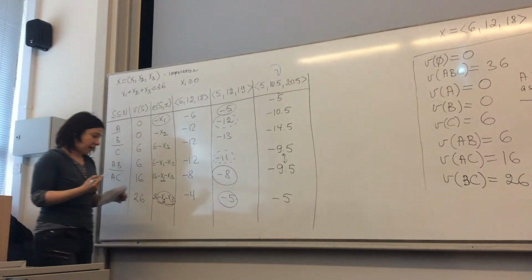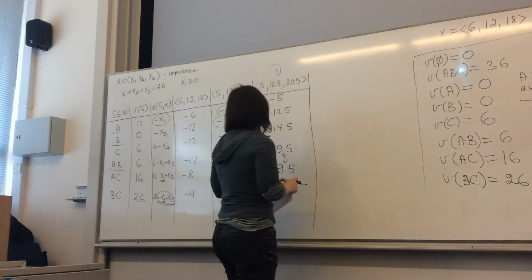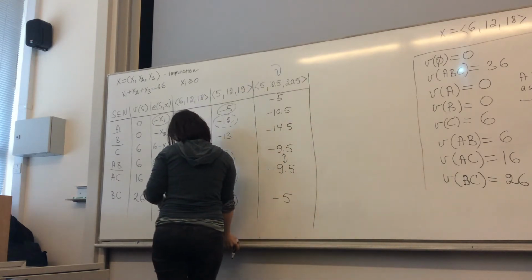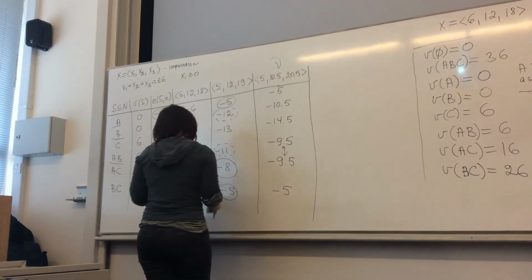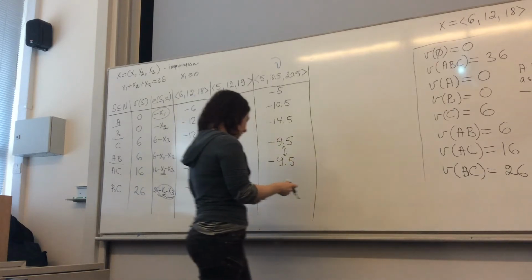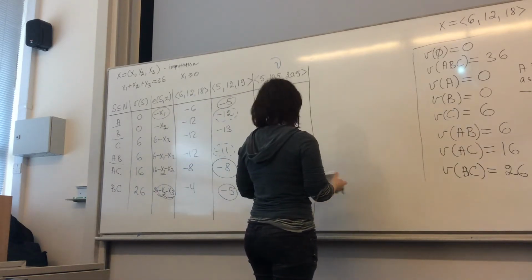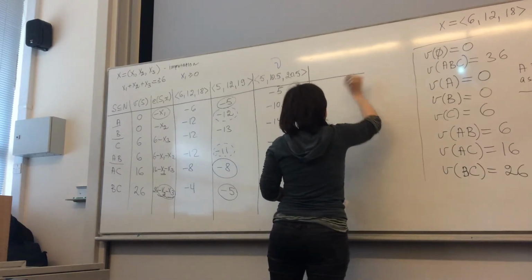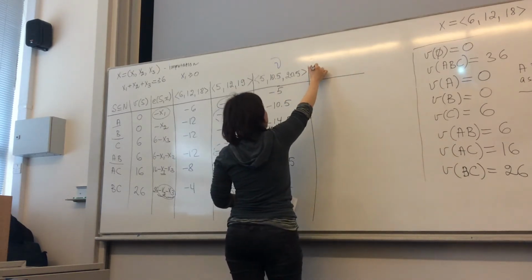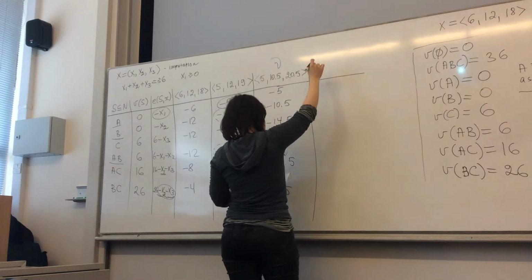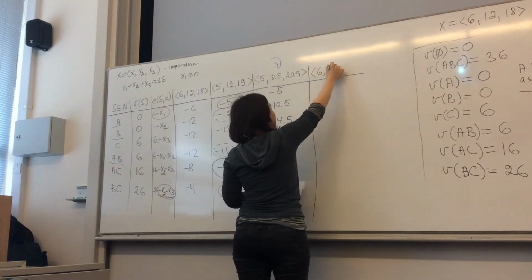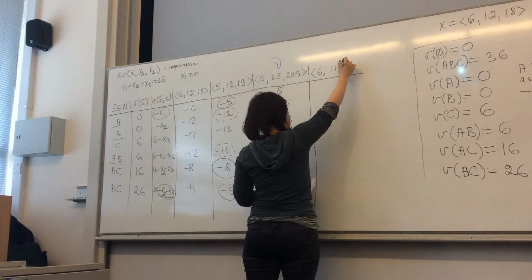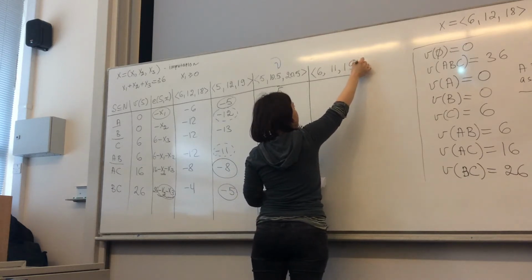Let's compare it to the Shapley value. I'll tell you why. I would leave the computation to you, you know how to do that, but the Shapley value of this game is 6, 11, and 19.